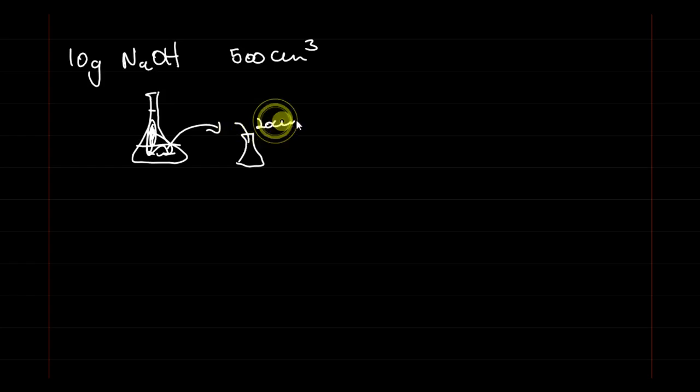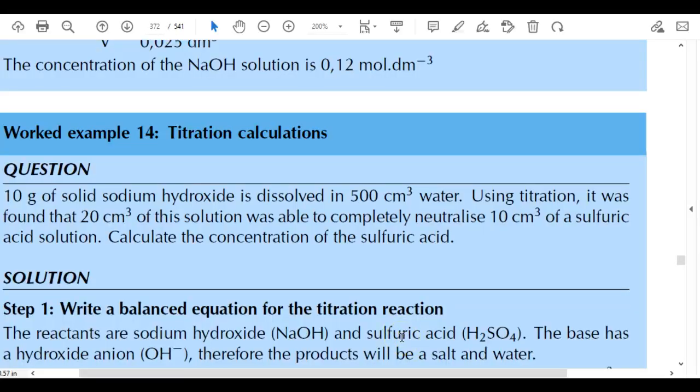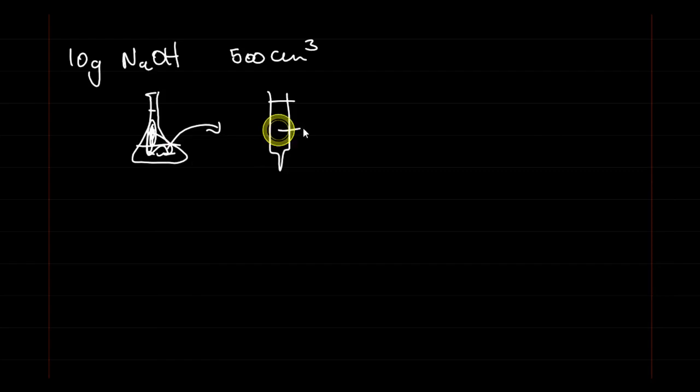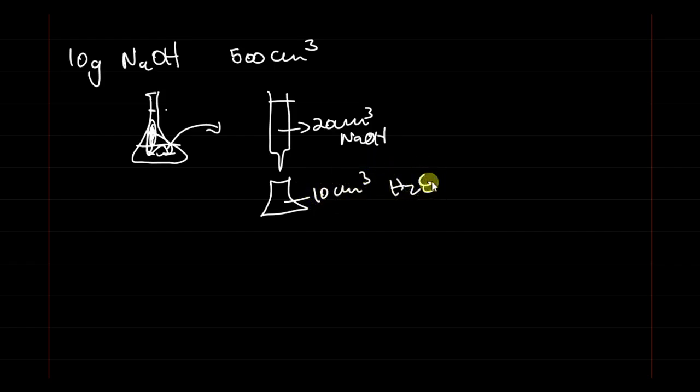This is our standard solution, so they added it into a burette. So 20 cubic centimeters of sodium hydroxide solution neutralized 10 cubic centimeters of sulfuric acid.